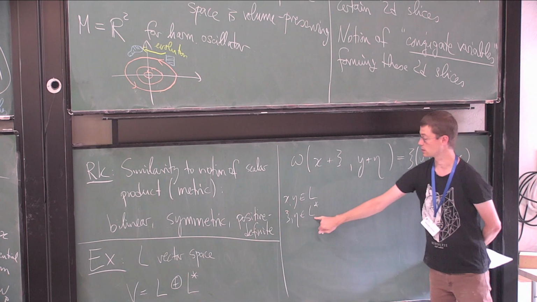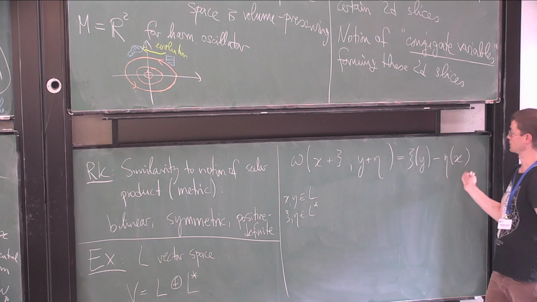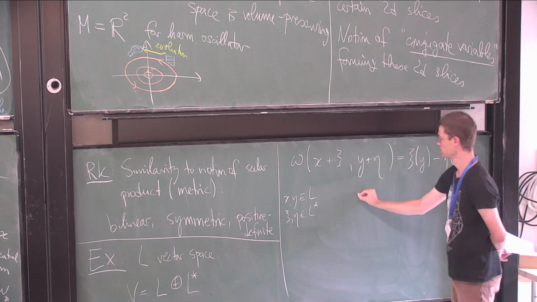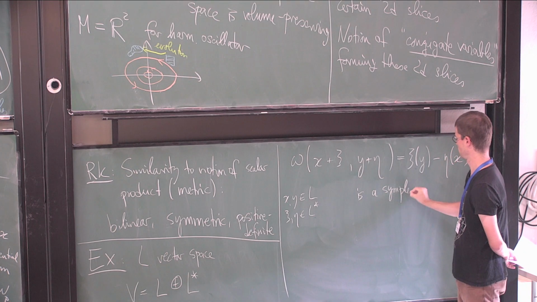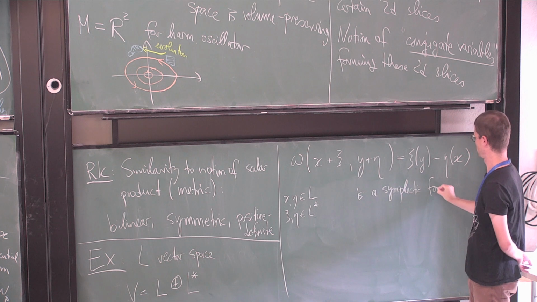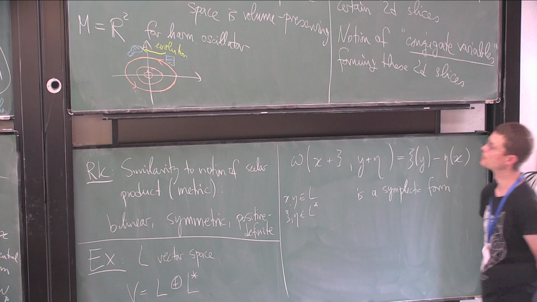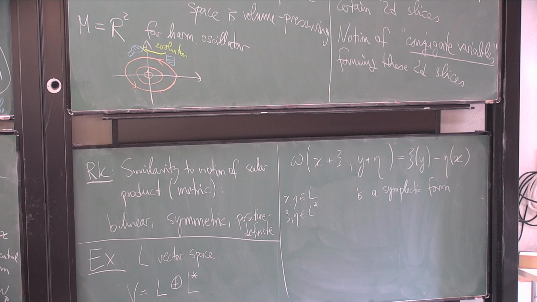Psi is a linear functional, so you can give it a vector and it spits out a number. You just subtract two numbers here. So this definition makes sense, and I claim that this is a symplectic form. Why is this true? Should we check? Is it bilinear?